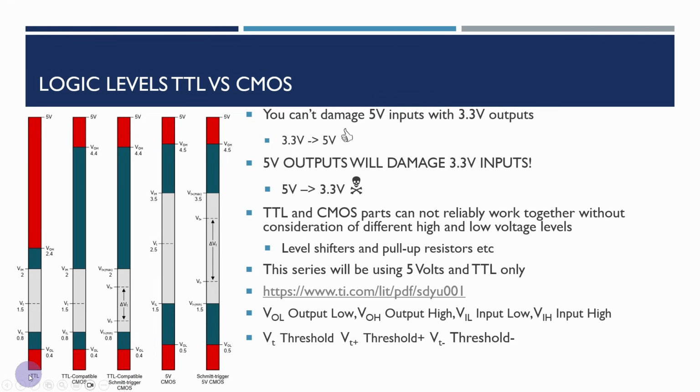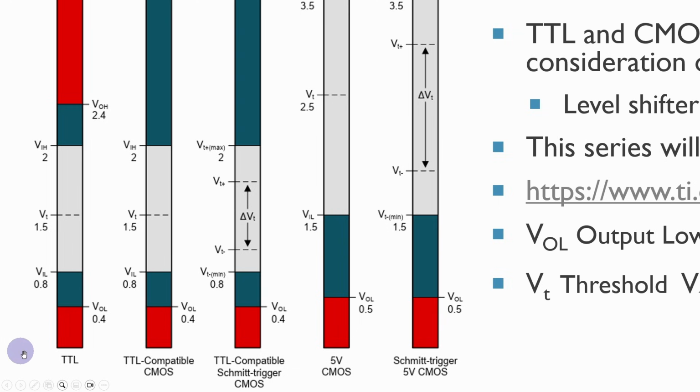So what you'll see here is with TTL, we've got a 5-volt supply, but in fact, let's zoom in here, might make it easier. The output low voltage is 0.4 volts, but we'll understand inputs up to 0.8 volts as being low. The intermediate zone here is where things are undefined, and we'll look at that in a few minutes.